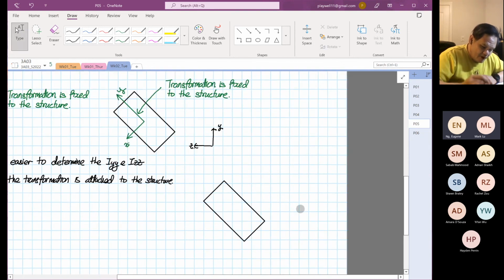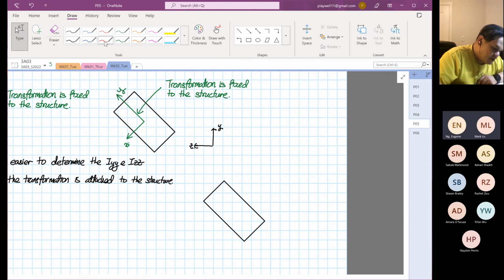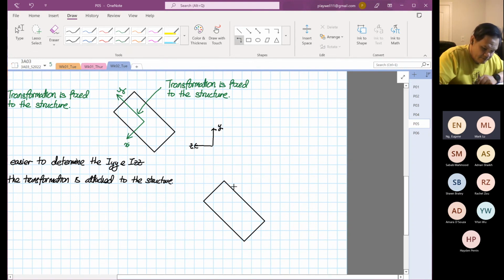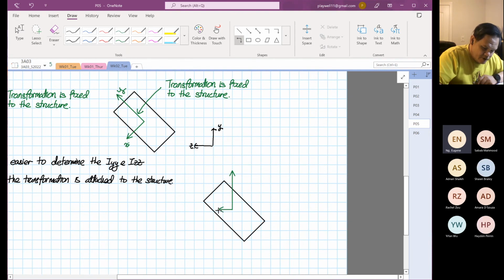If the object is oriented in that orientation, and as I said, I know the majority of you, your math is better than mine, but could you imagine now that we want to find the second moment of area about IYY and IZZ in this orientation?